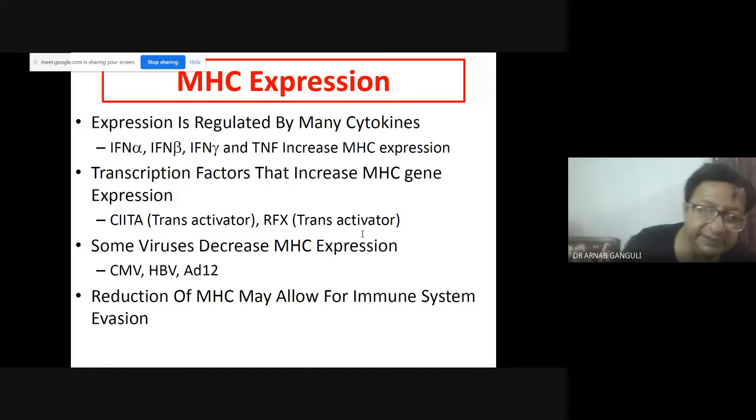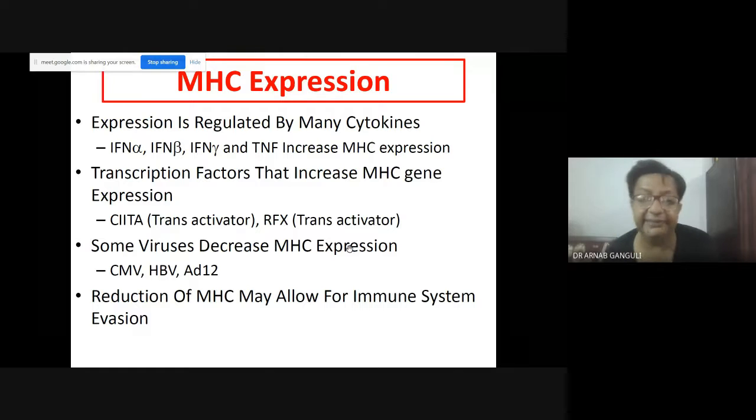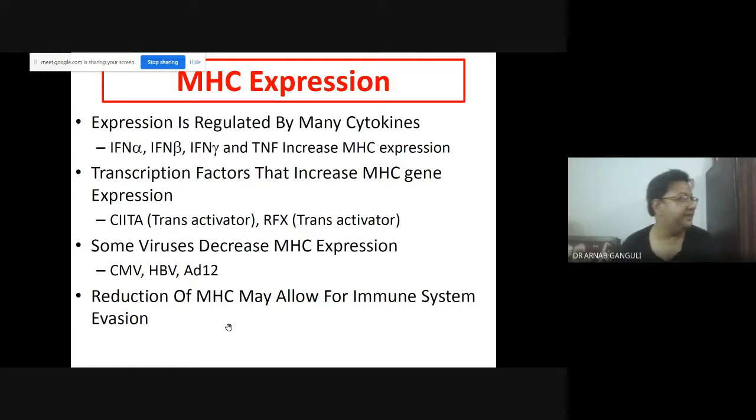So there are two transcription factors, CIITA and RFX, however you call it. Some viruses decrease MHC expression for their own survival, like CMV, cauliflower mosaic virus, HPV, and adenovirus 12, AD12. So reduction of MHC may allow for immune system evasion. By reducing MHC, the virus enters easily.